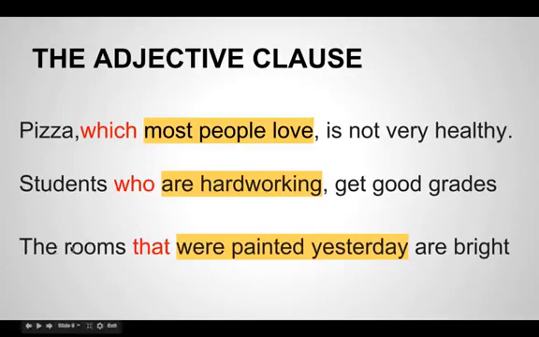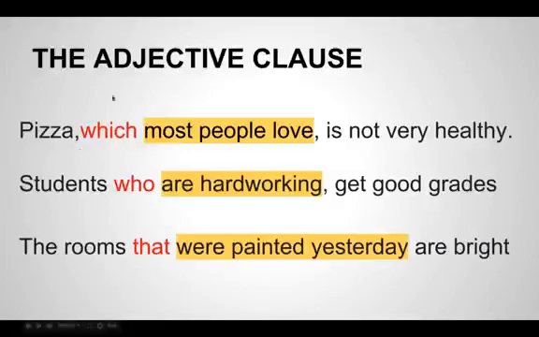Rooms that were painted yesterday are bright. So we got a description, but it is not one word. It is like a sentence in itself, in which you've got a subject and a phrase. So this is called an adjective clause in English.